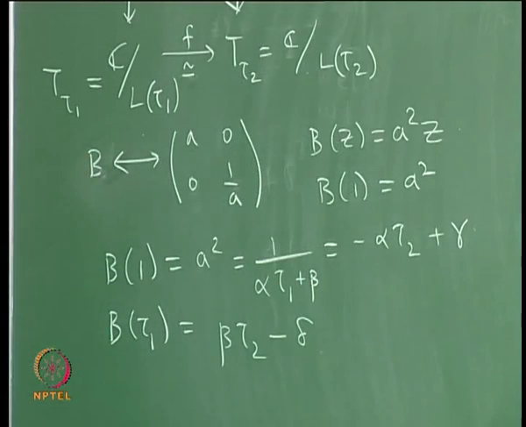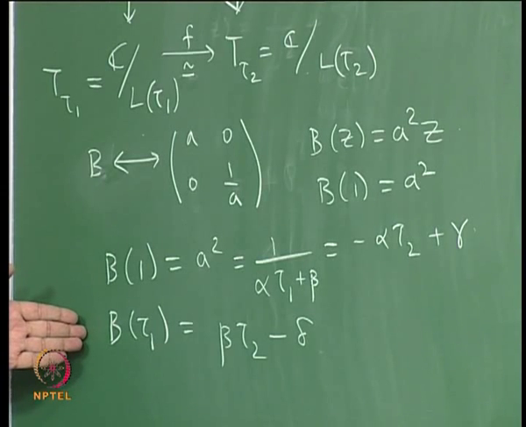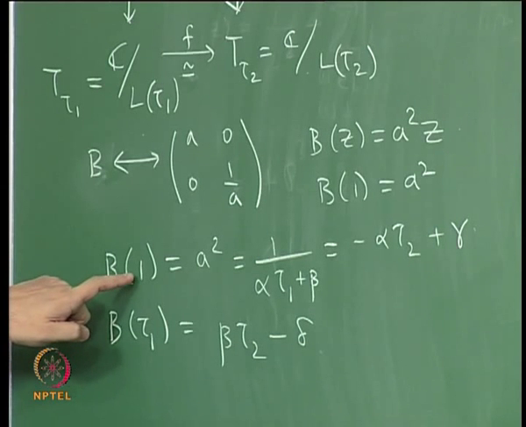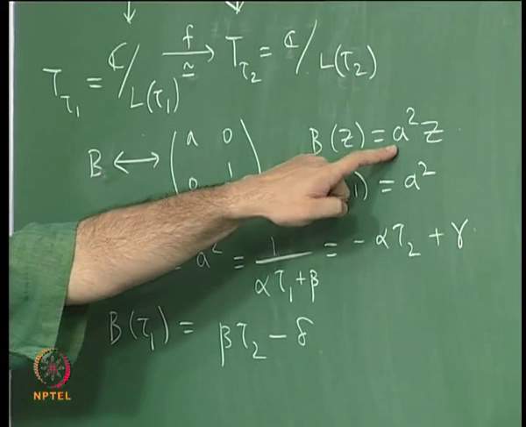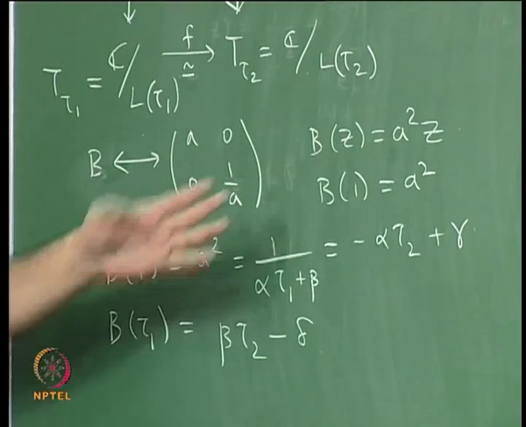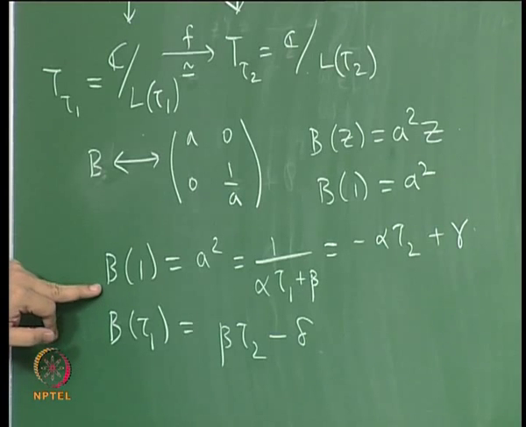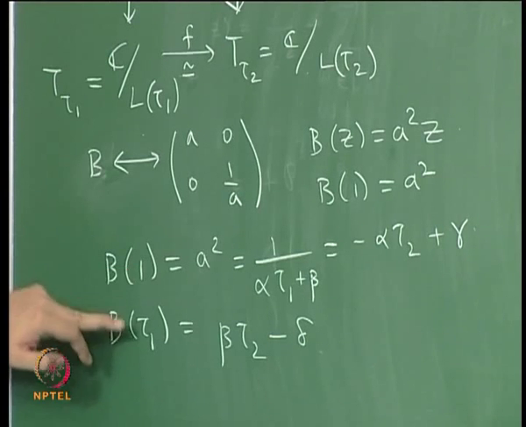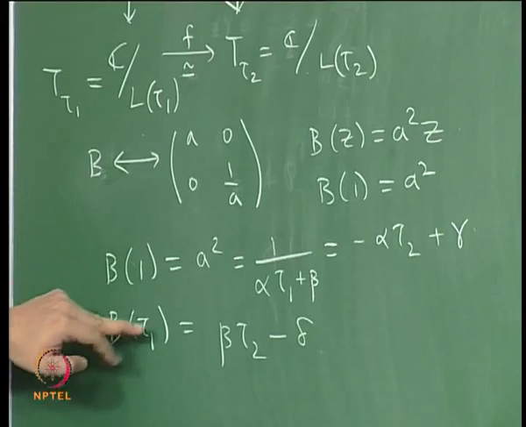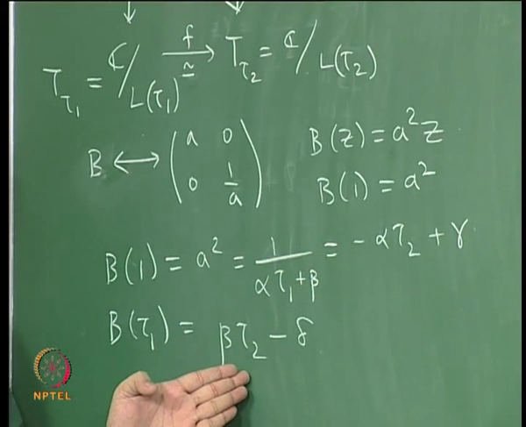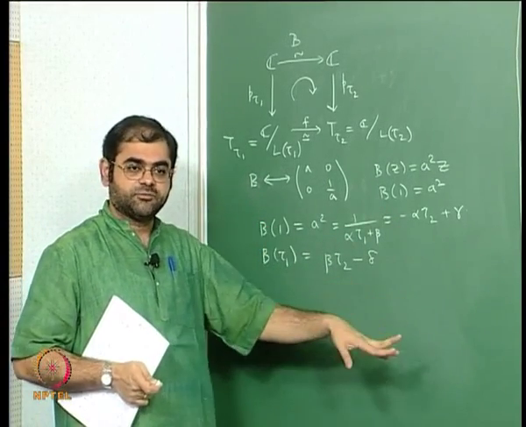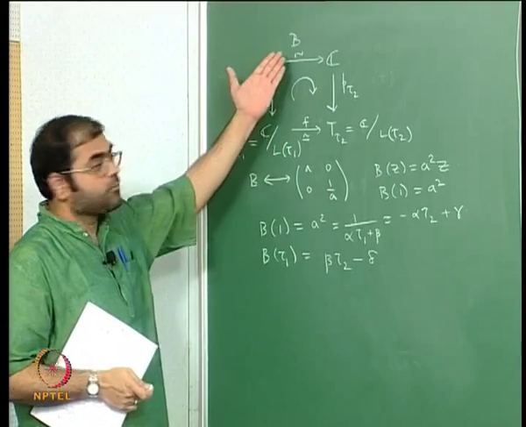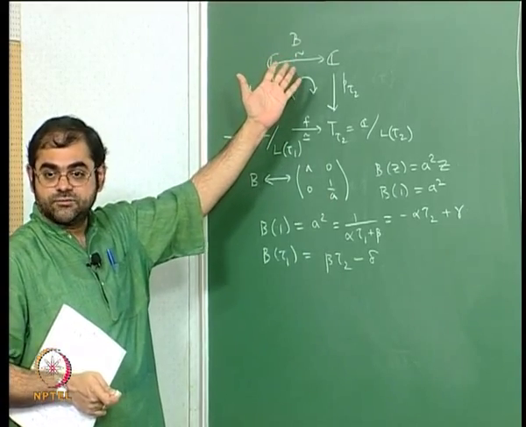This is how B is if you calculate, and this clearly tells you that since B is additive, because it is just multiplication by a complex constant, any integer linear combination of 1 and tau 1 is going to land in the lattice defined by 1 and tau 2, okay, and because it has an inverse, this has to be a bijective map. B is a Mobius transformation, you know Mobius transformations are already injective, okay.